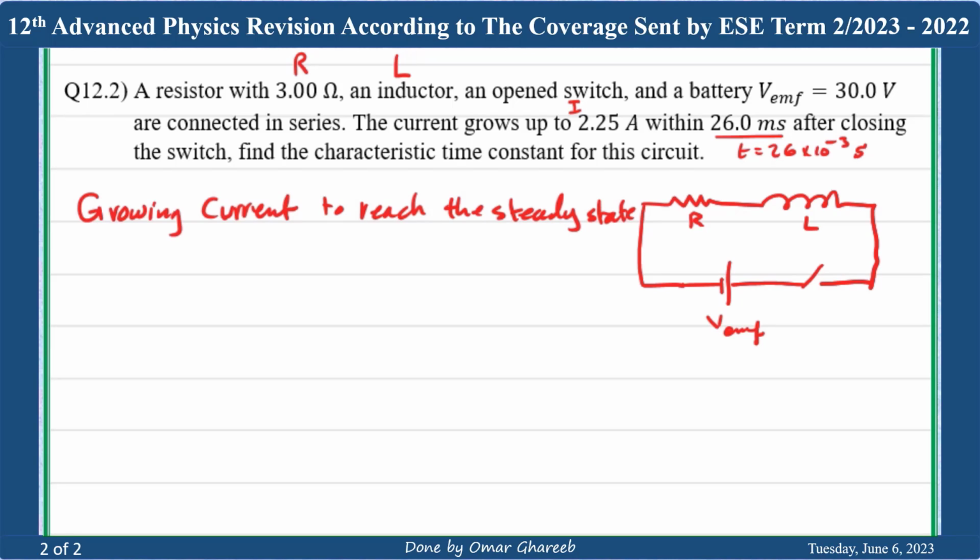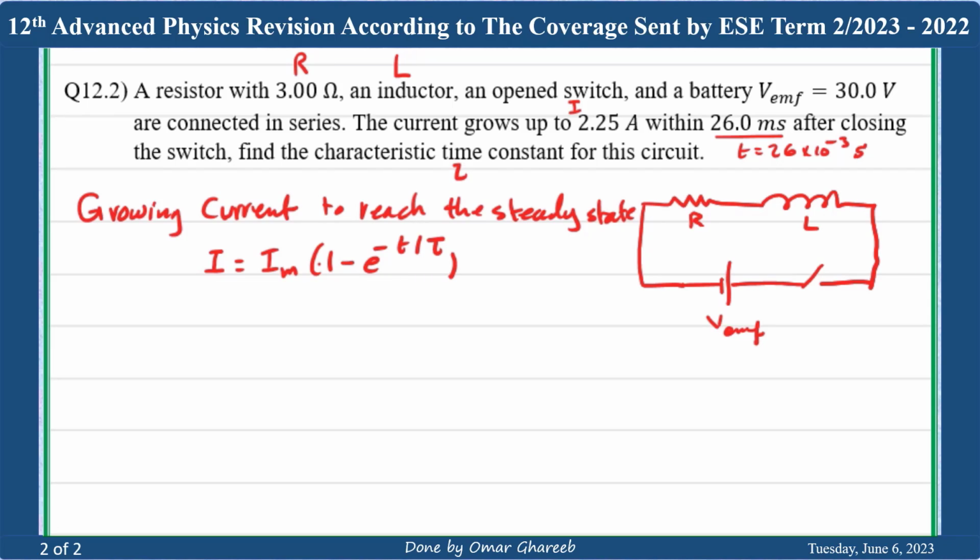Now, for growing current, we have this formula: I equals I maximum times 1 minus e to the minus t over tau. What the question asks me to find is the characteristic time constant.